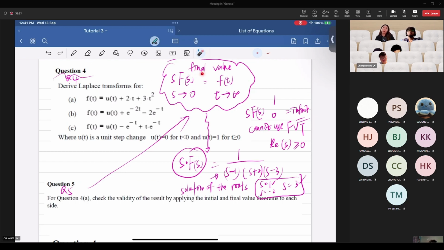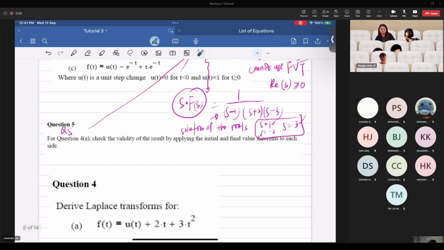So when the question asks you to get the final value or the steady state value, you always start from the s response, then you do the partial fraction, then you refer back to the Laplace table, inverse Laplace to get the function of t, and sub t equals infinity to get the final value.